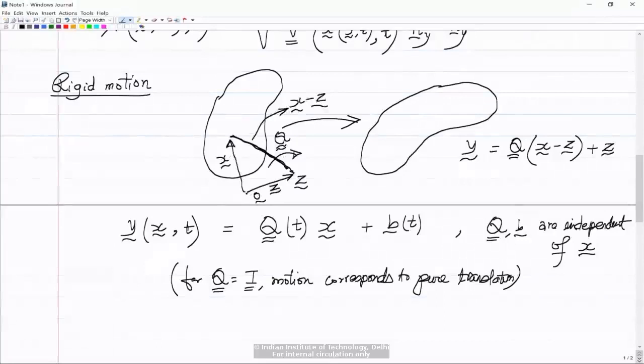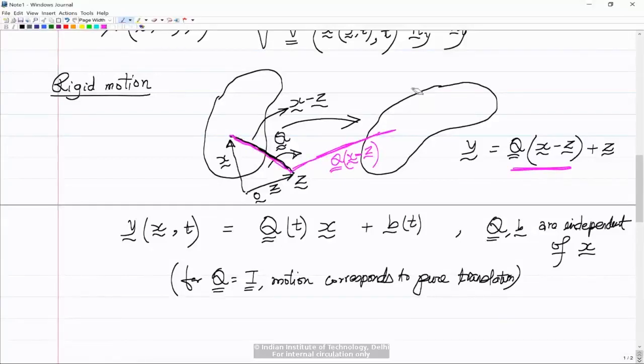And therefore you have here Q times x minus z. Okay. So this vector after rotation becomes Q times x minus z. Okay. And the picture is not nice here because this rotated vector must be of the same length, and here it is not of the same length.